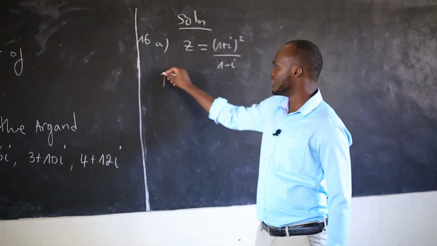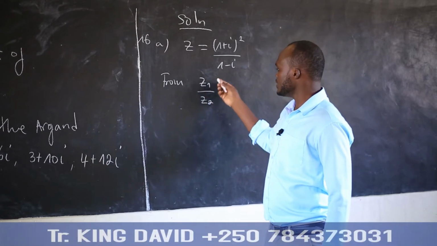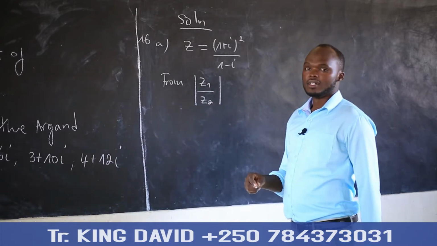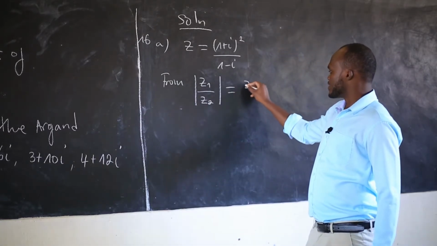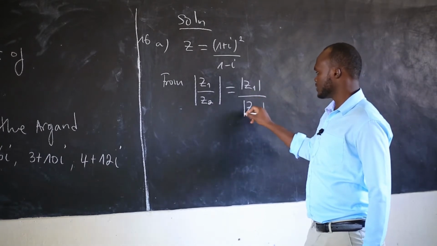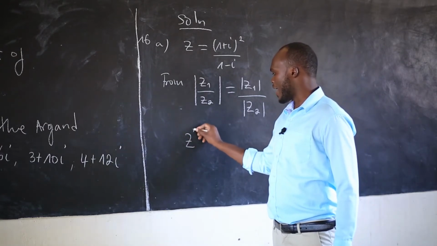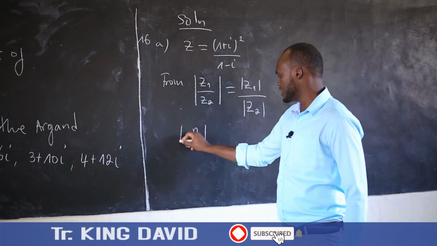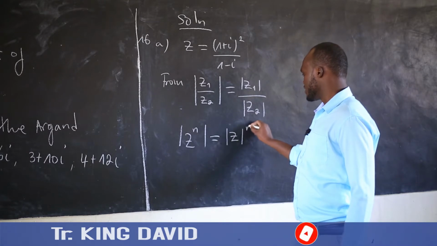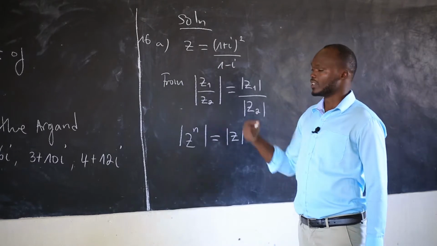Remember, the modulus of z1 over z2 is the same as the modulus of z1 divided by the modulus of z2. Again, the modulus of z to the power n is the same as the modulus of z, then power n. So we are going to use those two properties to find the modulus.